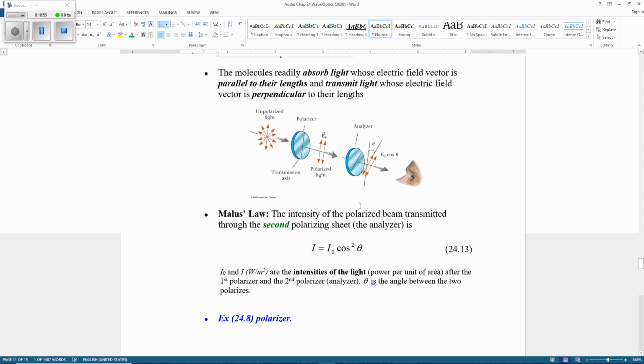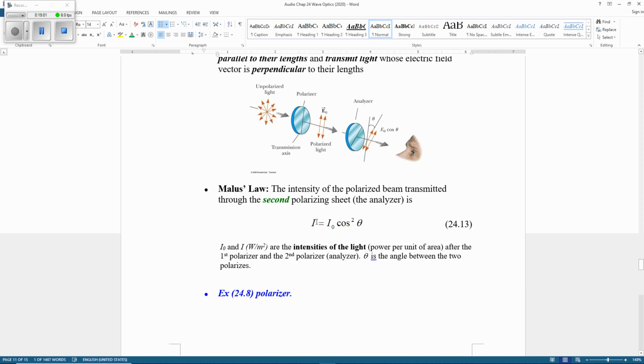And we have this equation. This is the first time we study this: I is the intensity of the light. The definition is intensity in watts per meter squared.